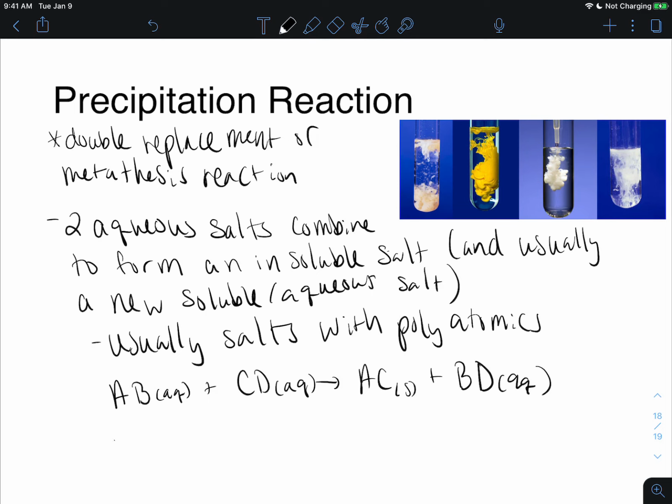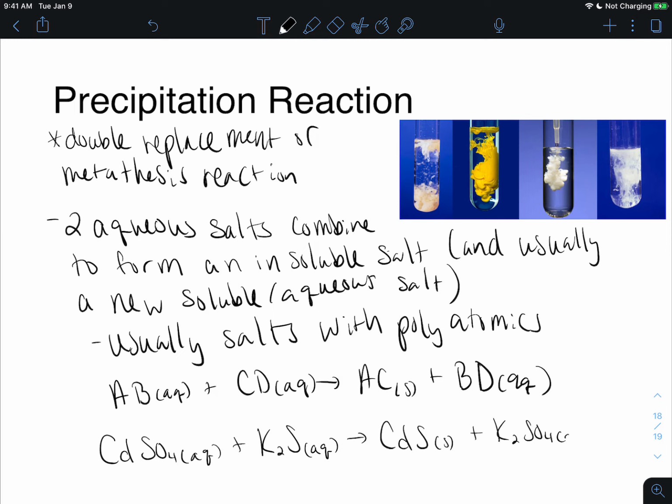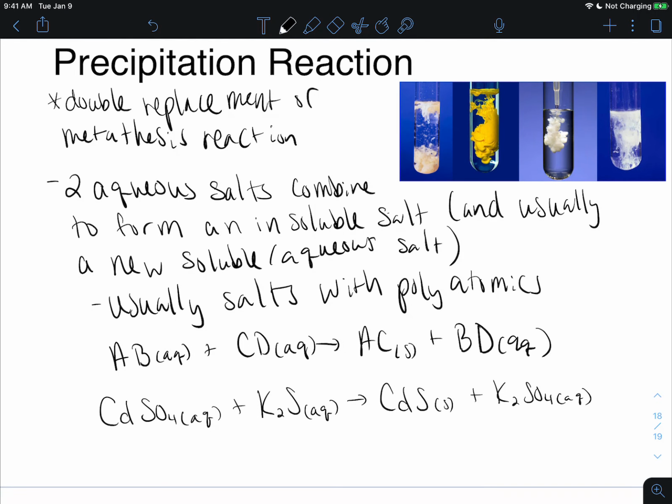Some examples, cadmium sulfate plus potassium sulfide combine to produce cadmium sulfide solid and potassium sulfate in the aqueous state.